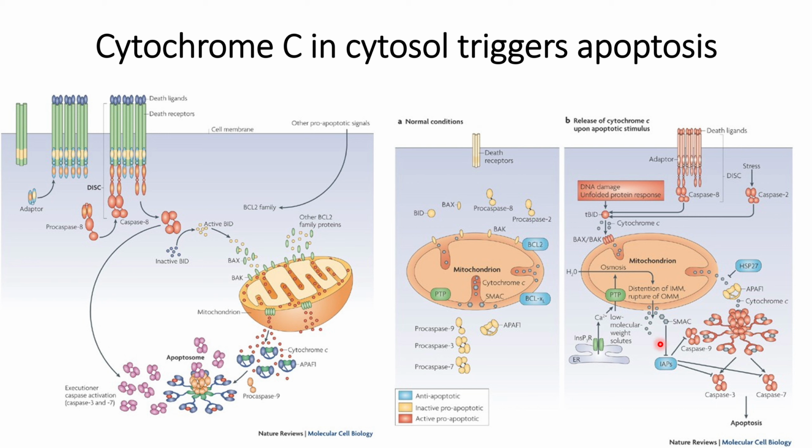Now let us understand how this cytochrome C can be inactivated, or what the feedback loop is. Cytochrome C can be inactivated by HSP27 proteins and also IAP proteins. IAP will cause the inactivation of caspase 9, caspase 3, and caspase 7, thus preventing apoptosis, and HSP27 prevents the leakage of cytochrome C into the cytosol.